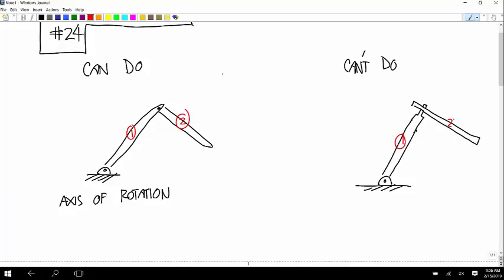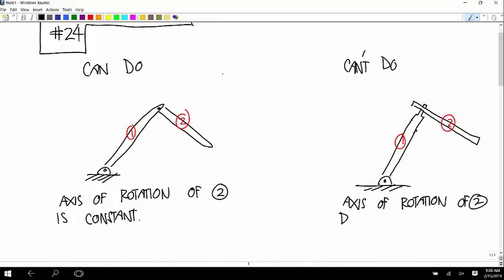This is body 1 and this is body 2. So in the one on the left, the axis of rotation of 2 is constant. In the one on the right, the axis of rotation of 2 depends on the motion of 1.